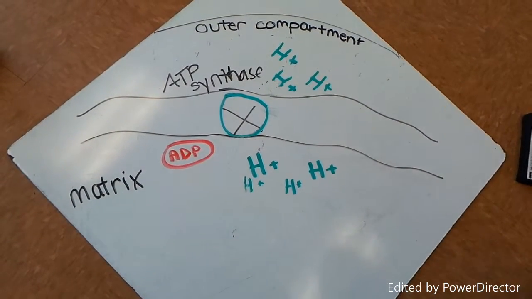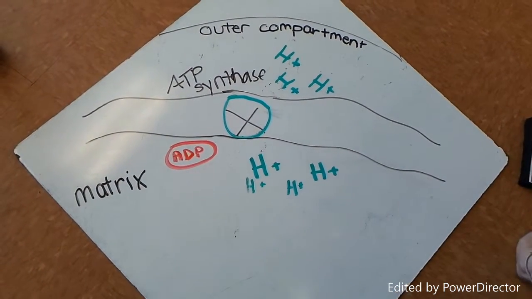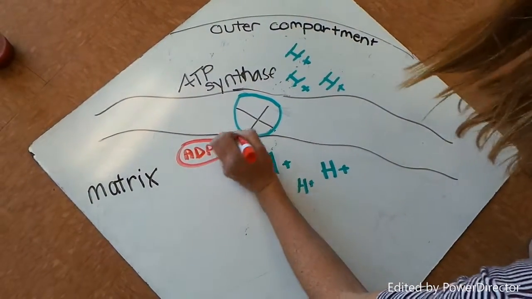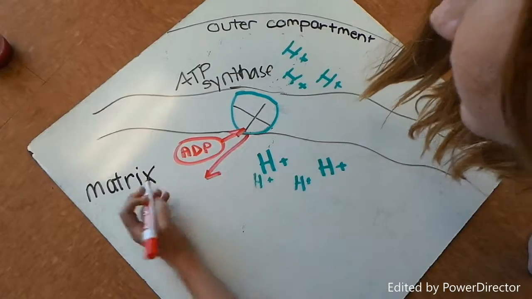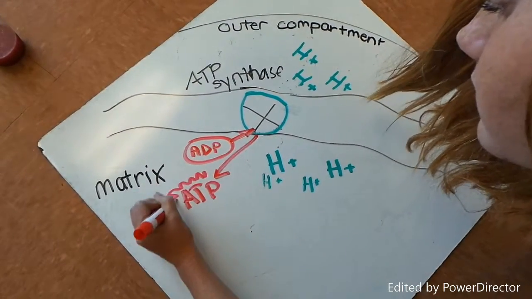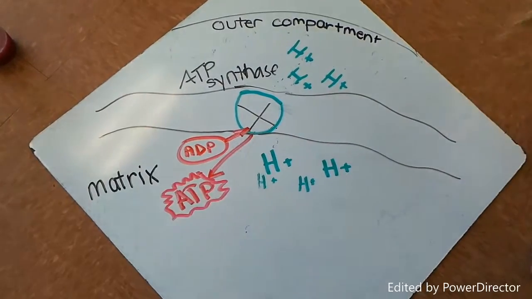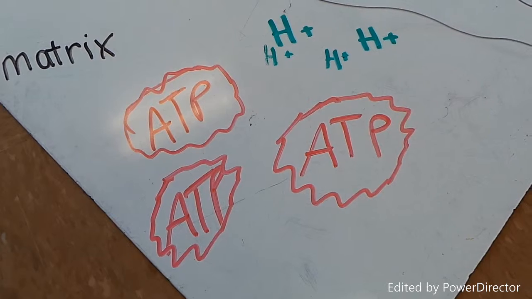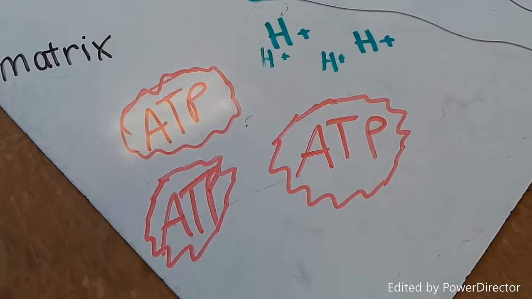The energy absorbed through the ATP synthase is now used to turn ADP into ATP. This cycle continues and it makes large amounts of ATP.